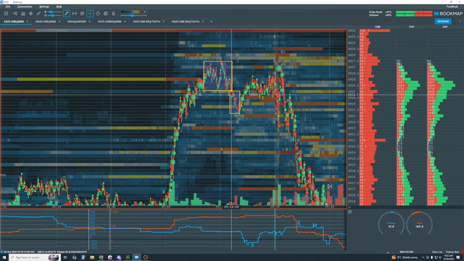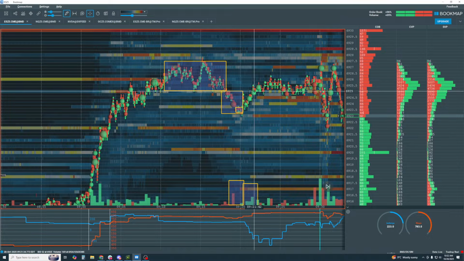We want to see it come back in here with very, very little interest. And then we want to see it exhaust out, or maybe there's high liquidity on the offer in here, absorb that, and then we want to see the sellers come back in, decisively, with big red dots, and take this back down.